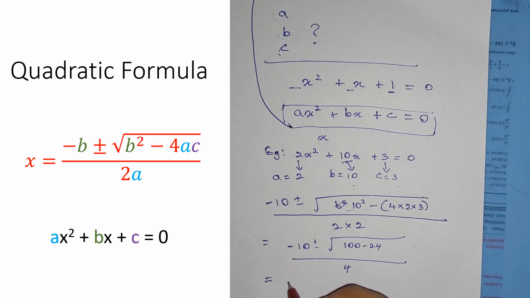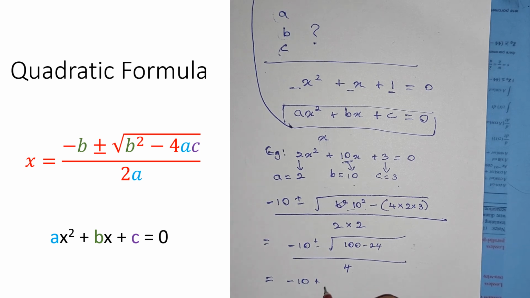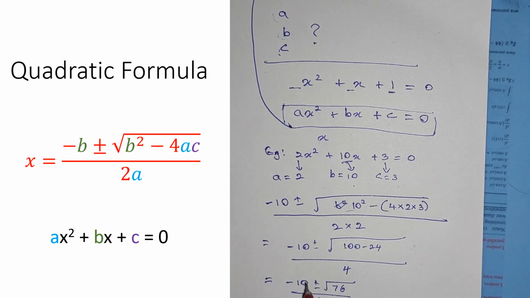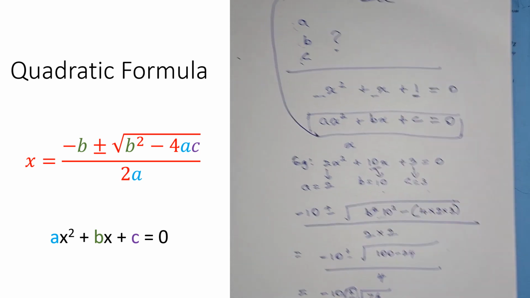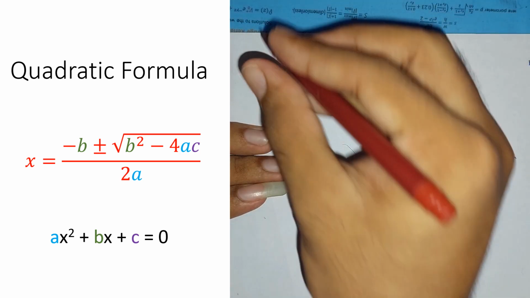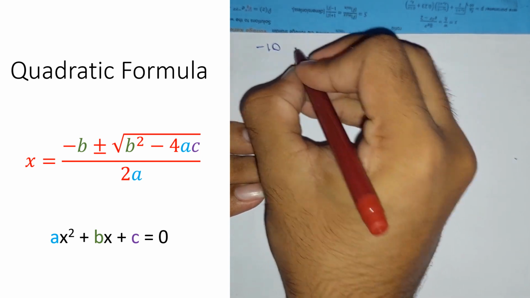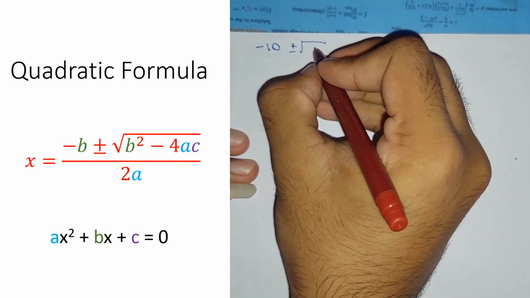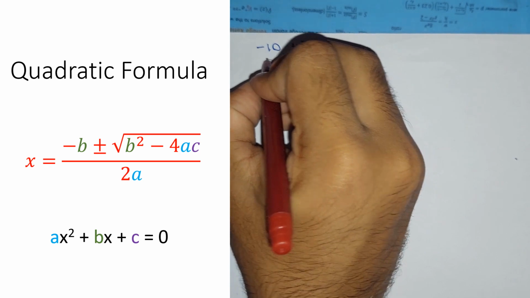We can further simplify: square root of 76 over 4. So what is this plus or minus? Let's find that out. So we got plus or minus square root of 76 over 4.